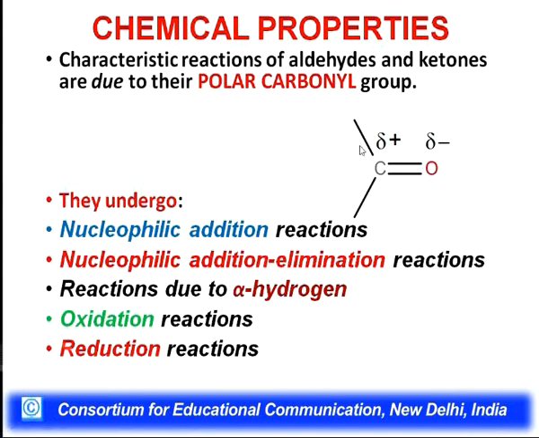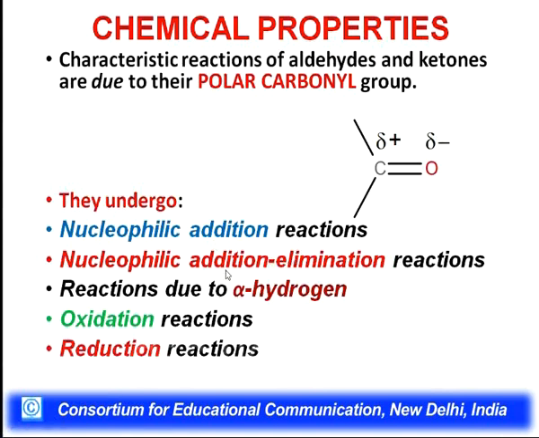Then we have to look into the oxidation reactions of aldehydes and ketones, and these reactions help us in distinguishing an aldehyde from a ketone, because aldehyde can be oxidized easily and undergoes oxidation with Fehling's reagent and Tollens' reagent, whereas ketones do not. And the last would be the reduction reactions of aldehydes and ketones, which we shall be discussing.